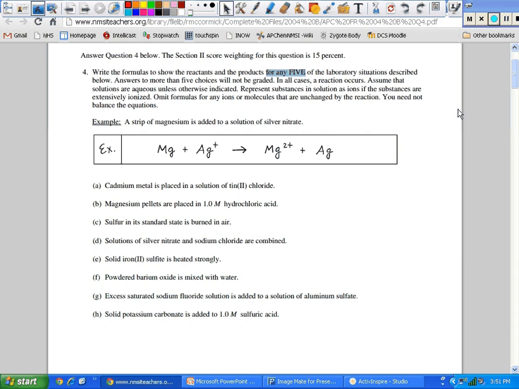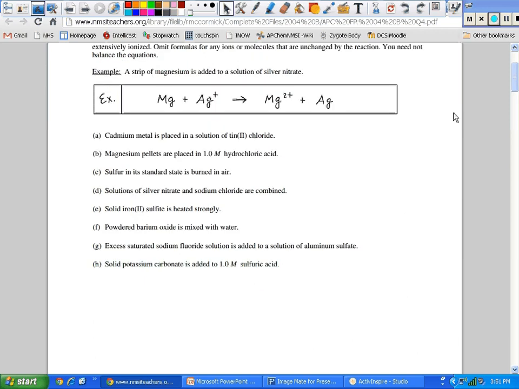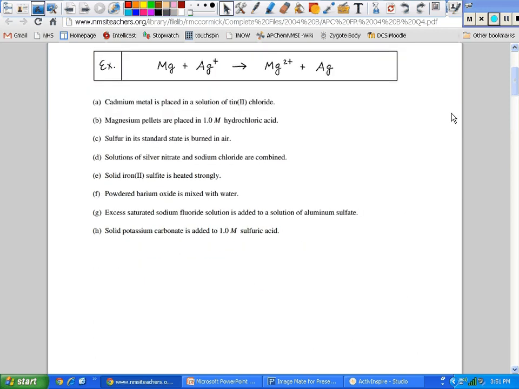All right. So cadmium metal is placed in a solution of tin-2 chloride. Now, as soon as it says metal, what is that telling you about it? It's a solid.